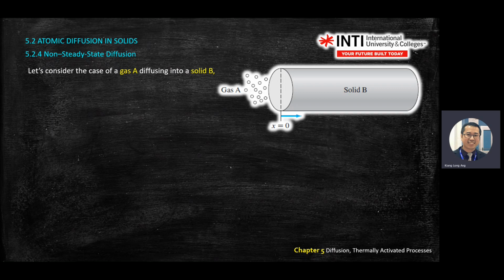So what happens when you have a non-steady state? Again, in non-steady state, we are focusing on time, and we like to freeze that time and study the condition. So let's consider a gas diffusing into solid B. Gas A starts to move into solid B, and there's a reference.